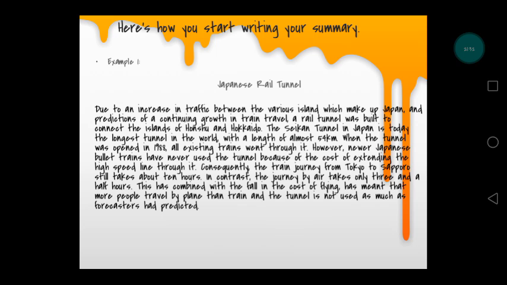So the Seikan Tunnel in Japan is today the longest tunnel in the world, with a length of almost 54 kilometers. When the tunnel was opened in 1988, all existing trains went through it. However, newer Japanese bullet trains have never used the tunnel because of the cost of extending the high-speed line through it.